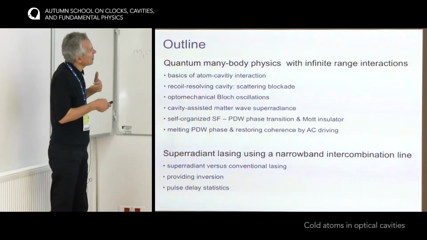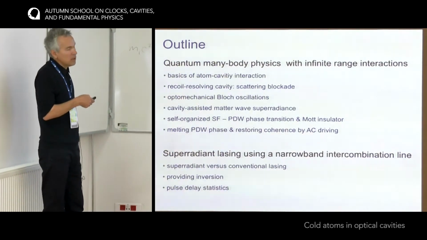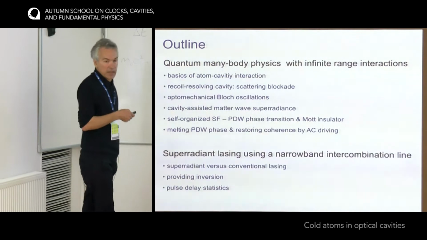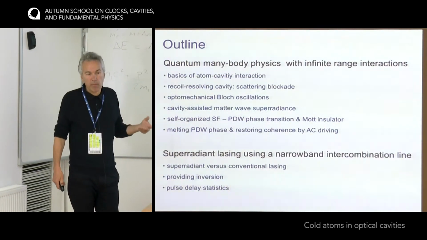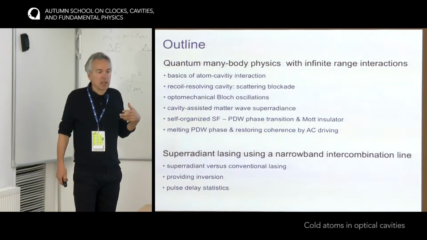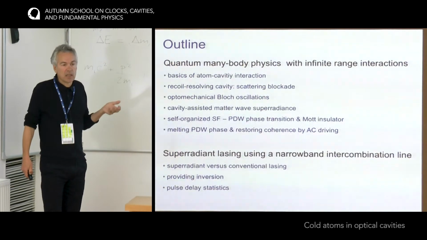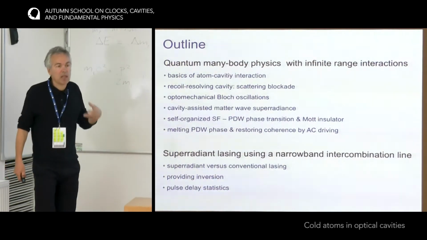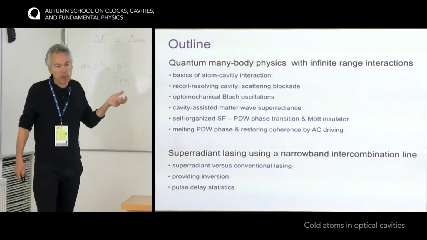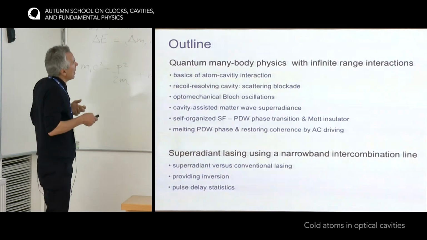So I will discuss a little bit how you can use a cavity to make an in situ monitor for Bloch oscillations, which is a possible method to increase the data measuring speed in experiments where people try to measure little g using Bloch oscillations.